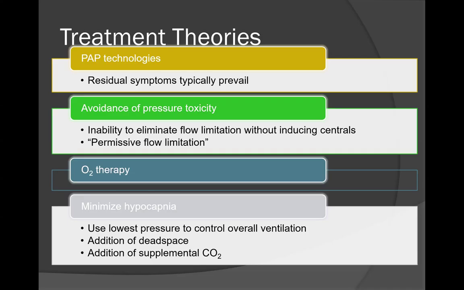That's the pressure toxicity. Some will add O2, because that can also minimize hypocapnia. They used to give the patient a prescription just to reduce the AHI. That's the most important thing.